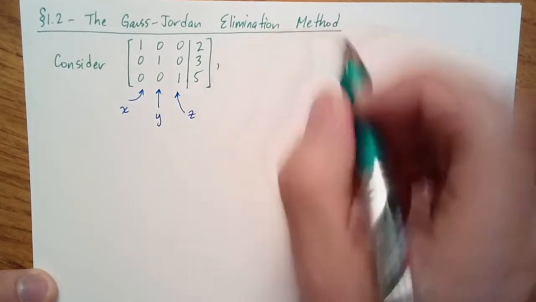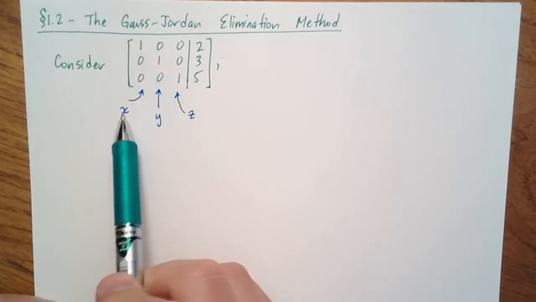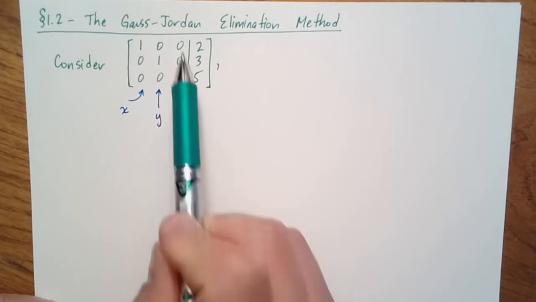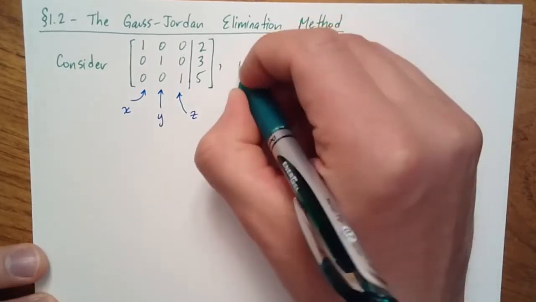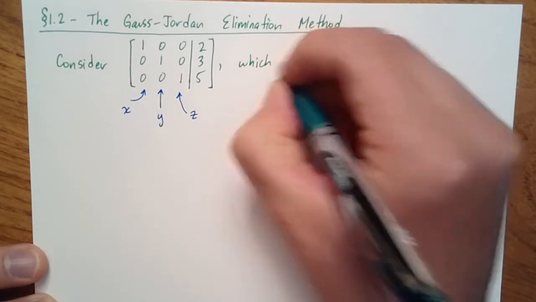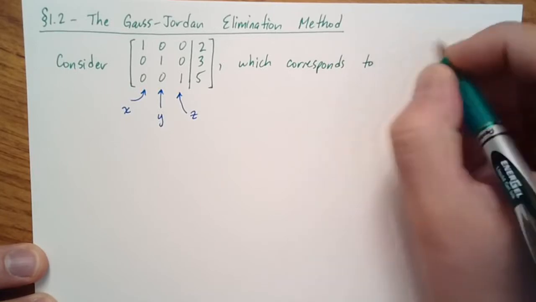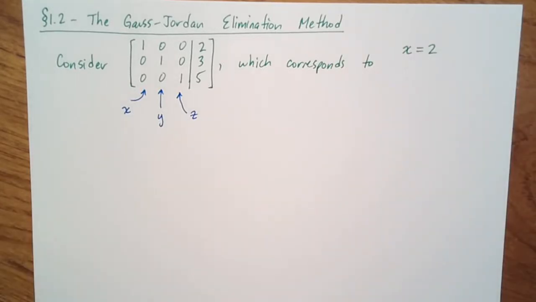Well, we can just convert each of those rows into equations. Remember, the first row is going to be 1 times x plus 0 times y plus 0 times z. So the 0y and the 0z won't play any role in the equation, and you'll really just have x equals 2. That's the equation that would correspond to the first row.